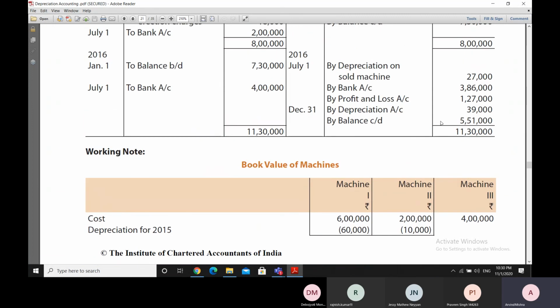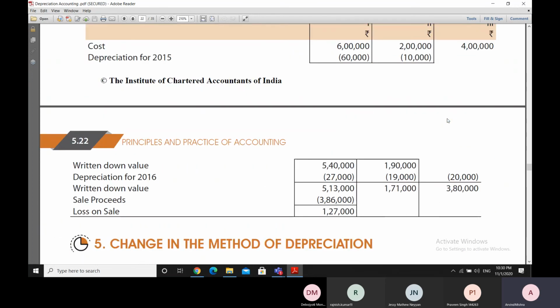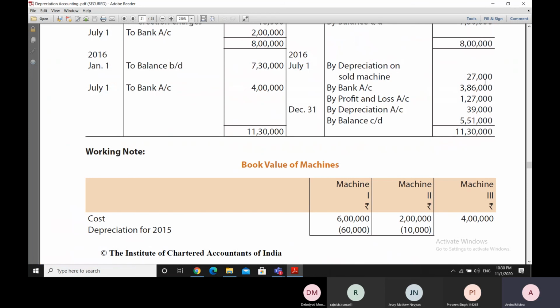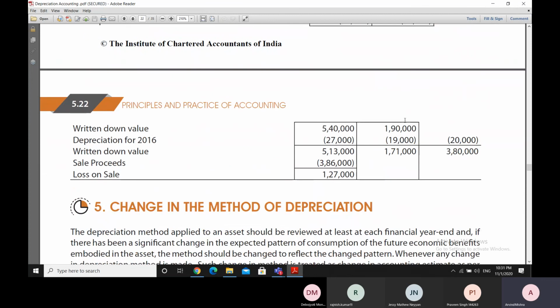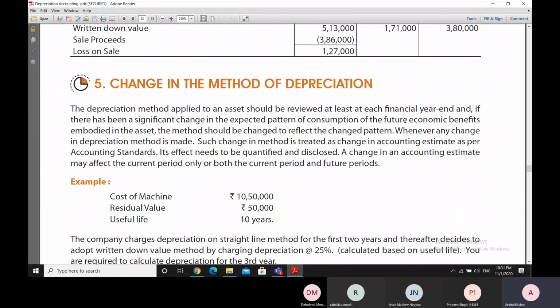A total amount of 39,000 of the depreciation has been provided here, and the depreciation on the sold machine of 27,000 rupees has been separately provided, which is mentioned here, 27,000 rupees. So total depreciation of 27,000 rupees on the sold machine and 39,000 rupees on the other two machines is being provided here, and therefore a remaining balance of 5,50,000 rupees is going to be carried forward to the next year. So this is how depreciation is calculated and allowed.